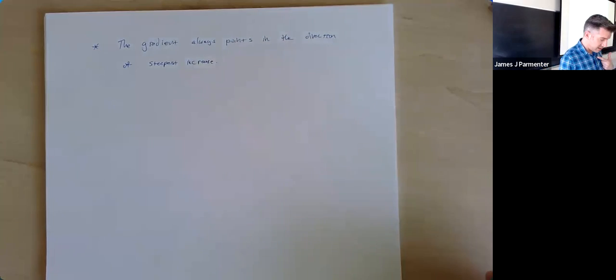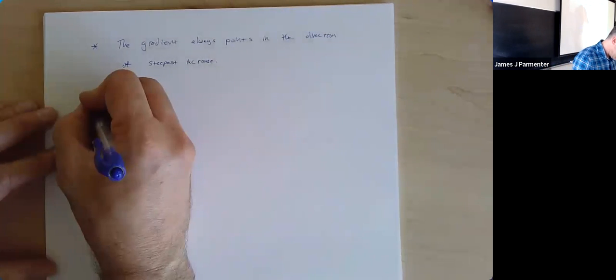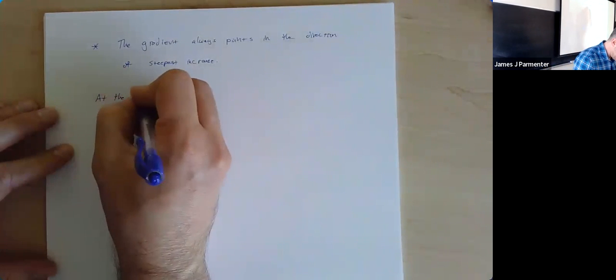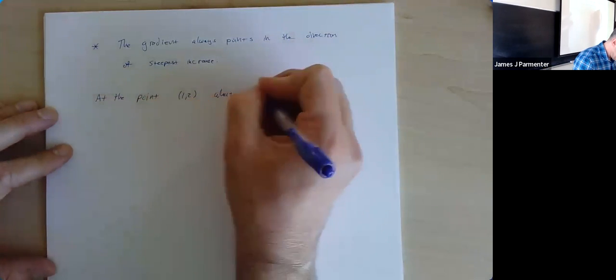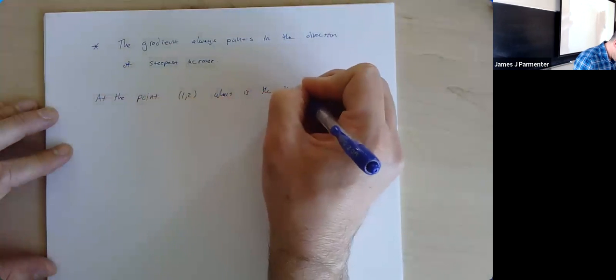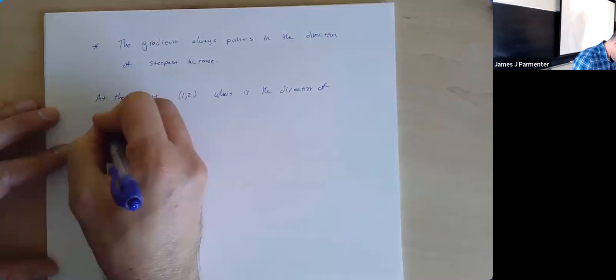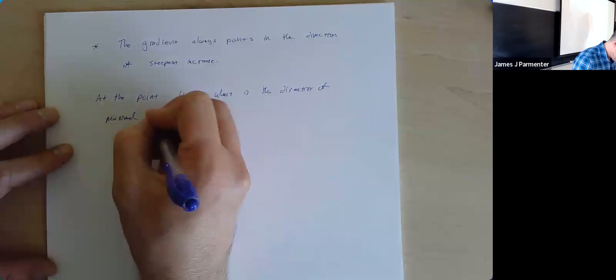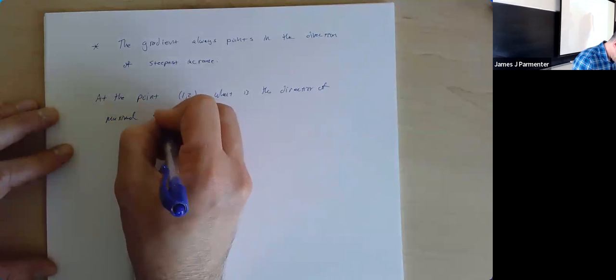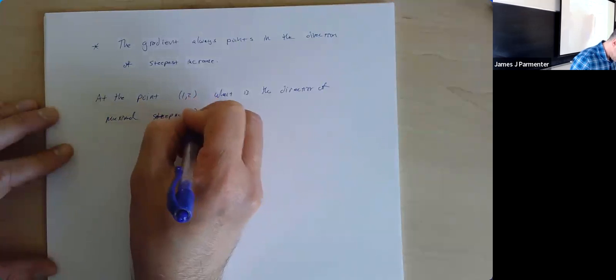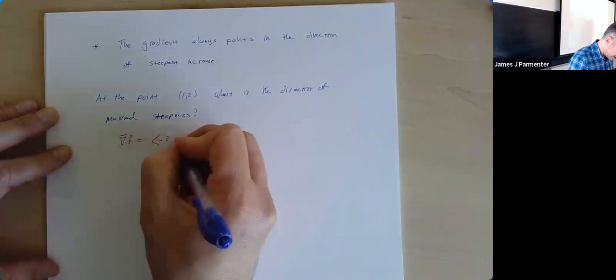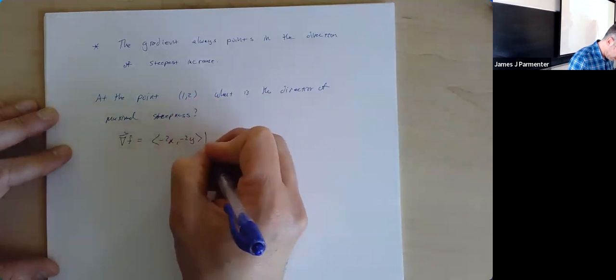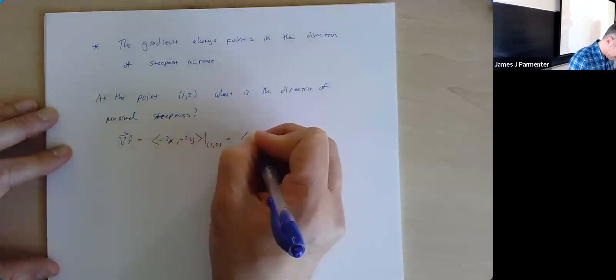So if I asked, for this example we were doing, at the point (1, 2), what is the direction of maximal steepness, it's going to be just what our gradient was, which was -2x, -2y, evaluated at the point you're at, which is -2, -4.